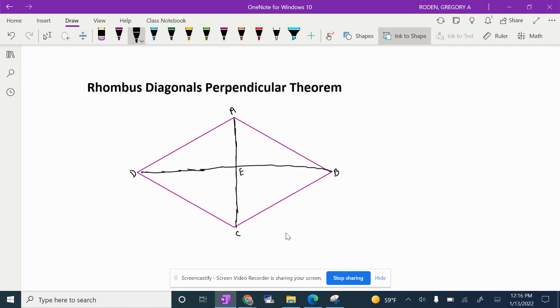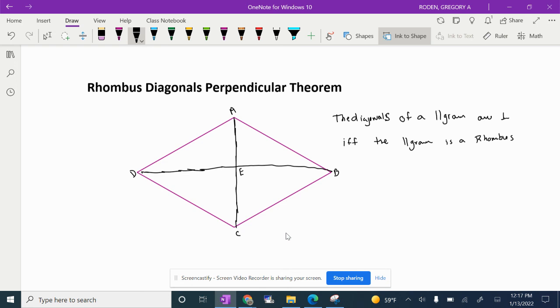What this is saying is, oh, and let me say this: the diagonals of a parallelogram are perpendicular if and only if the parallelogram is a rhombus.